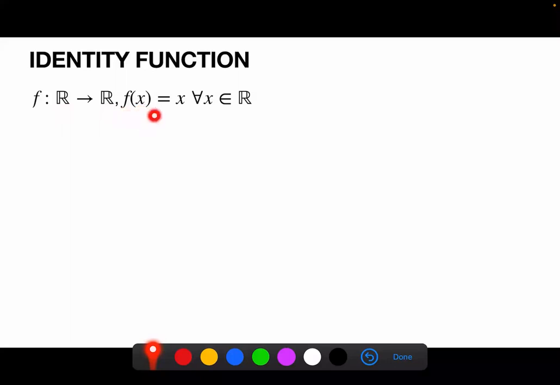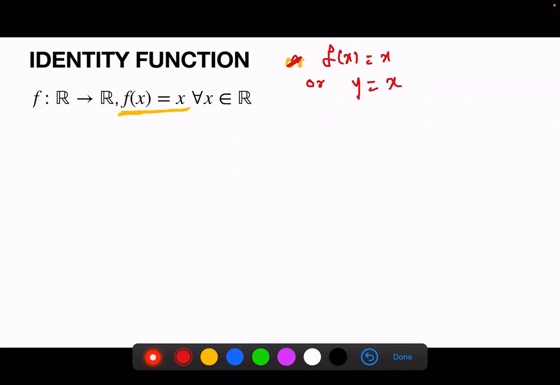This is the way you write, guys. This is something that you'll slowly understand. f of x is x, or you can also write y is equal to x, because in most cases we take y to be our output and x to be your input. वैसा रहने की जरूरत नहीं, but in most cases we do that.